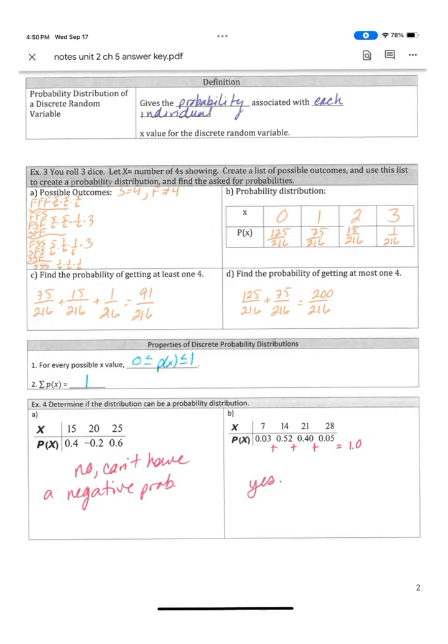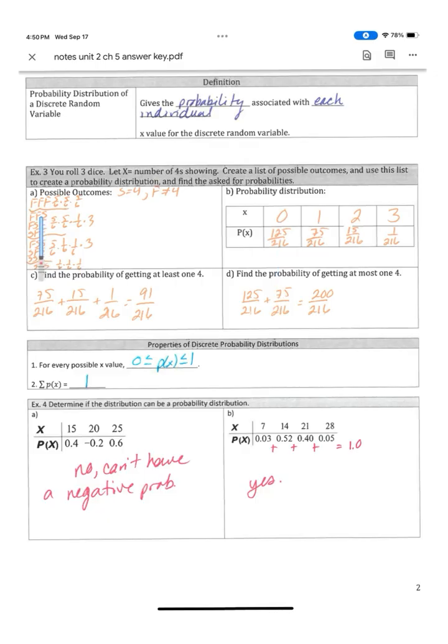F I'm using for failure, I don't see a 4. So the worst possible outcome, failure, failure, failure: all 3 dice have any number except 4. The probability of not getting a 4 is 5 out of 6. So the probability of failure, failure, failure is 5 out of 6 times 5 out of 6 times 5 out of 6. So having 0 4s has a probability of 125 out of 216.